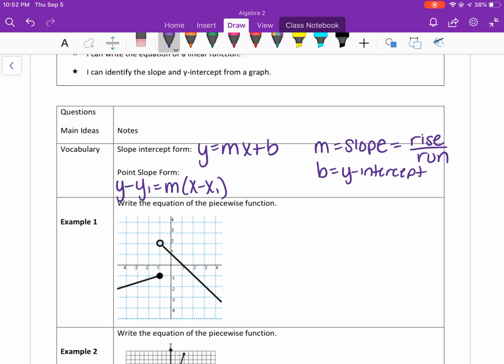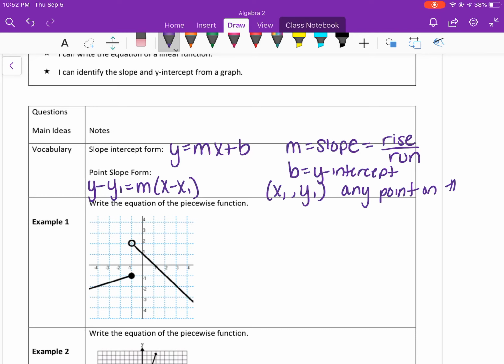So m is still the slope of the line, and then you have x1 and y1, and that is any point on the line. And then x and y, like this x and y and this x and y, are the standard x and y in the linear equation. The other variables are variables that we'll plug into.